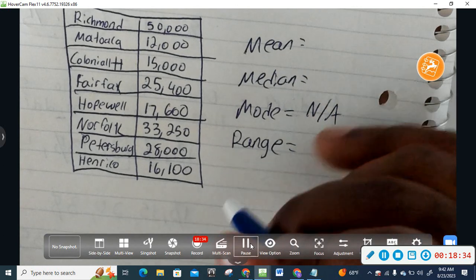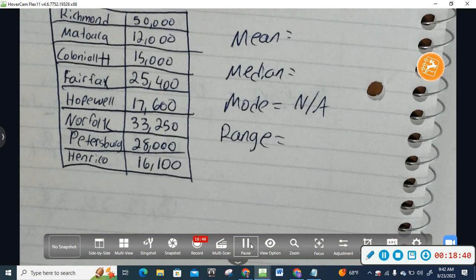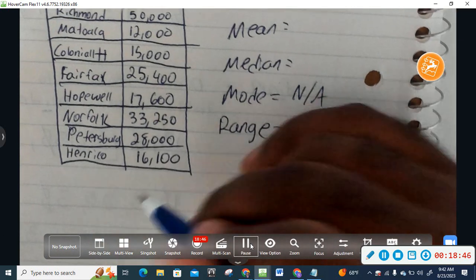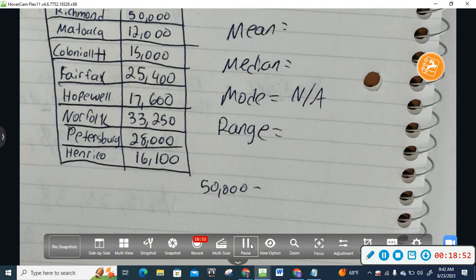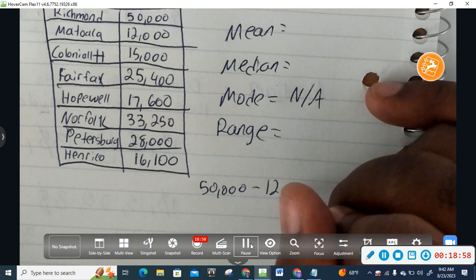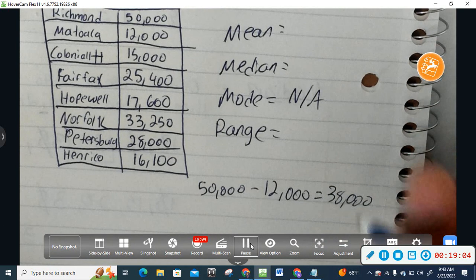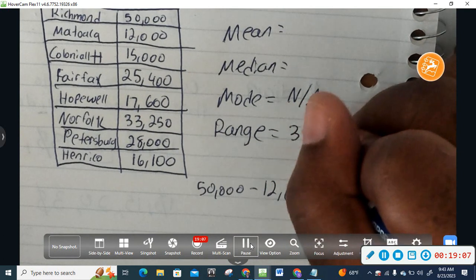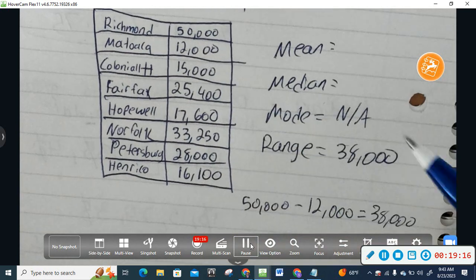So for range, I need to do 50,000 minus what? What's my smallest number? 12,000. Good. Alright. And what does that give me? 38,000. Alright. So my range is 38,000 because I took my definition, biggest minus smallest. 50,000 minus 12,000 gives me that.